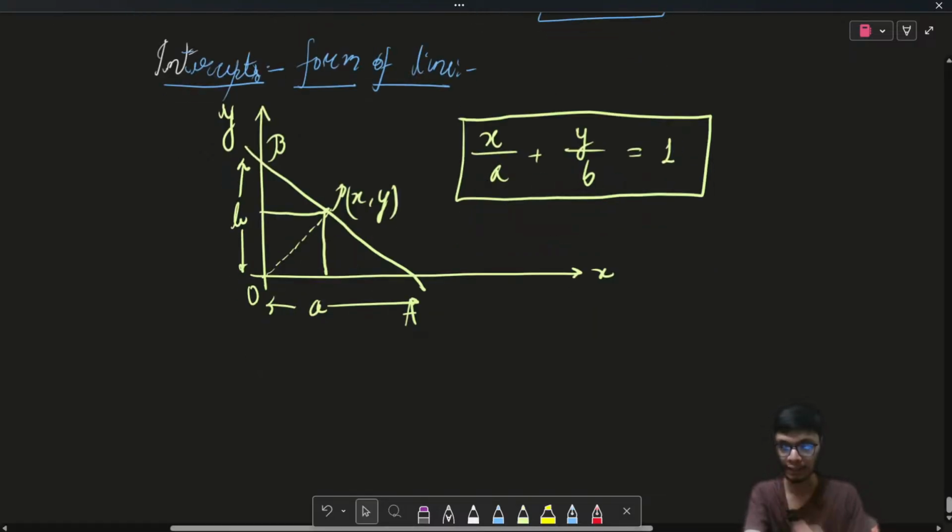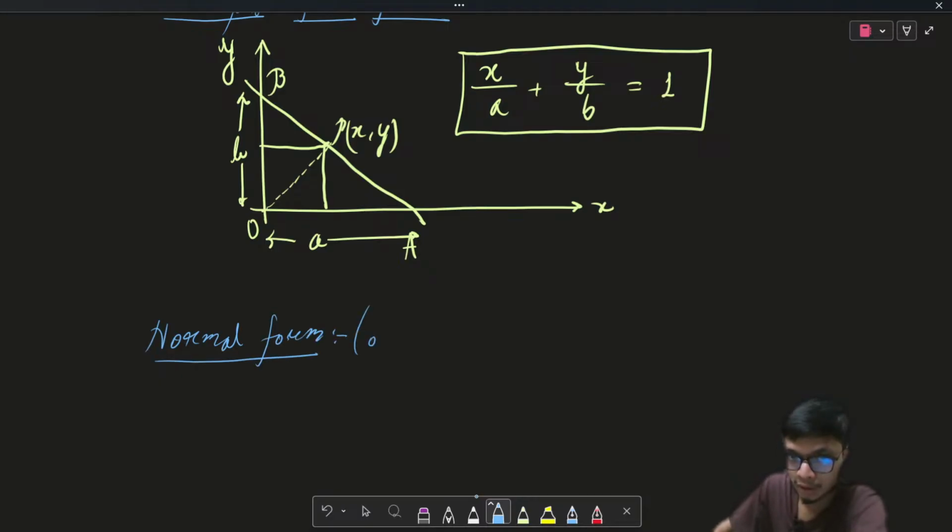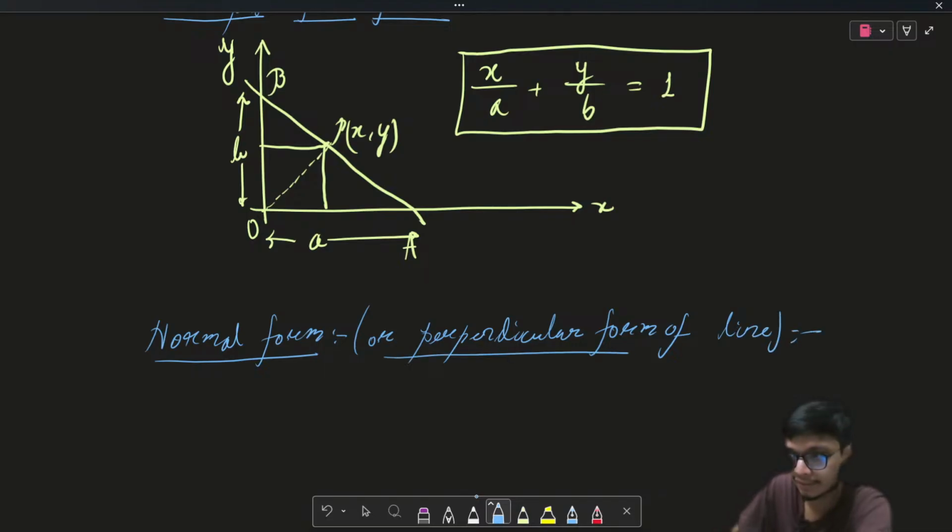Along with this, another form of line that is quite important is the normal form, or the perpendicular form, of the line. Let us try to understand this.